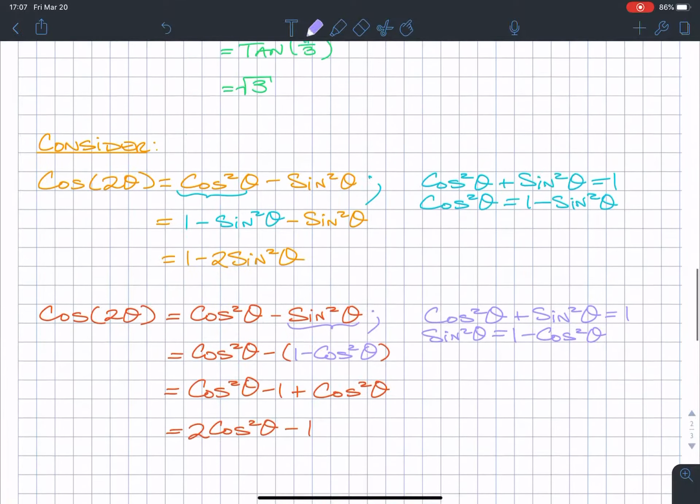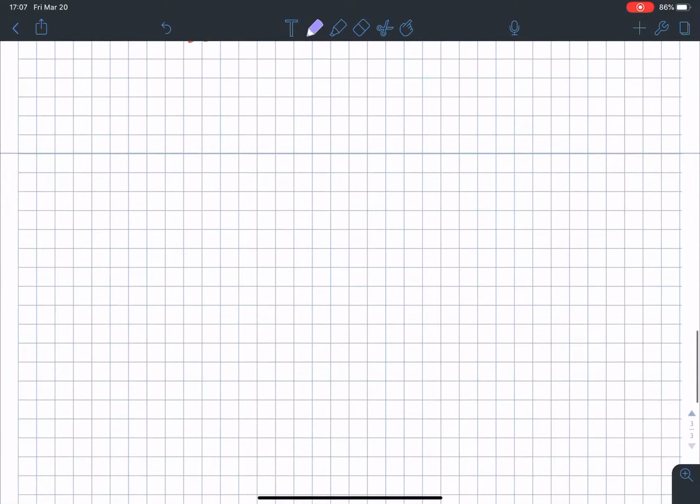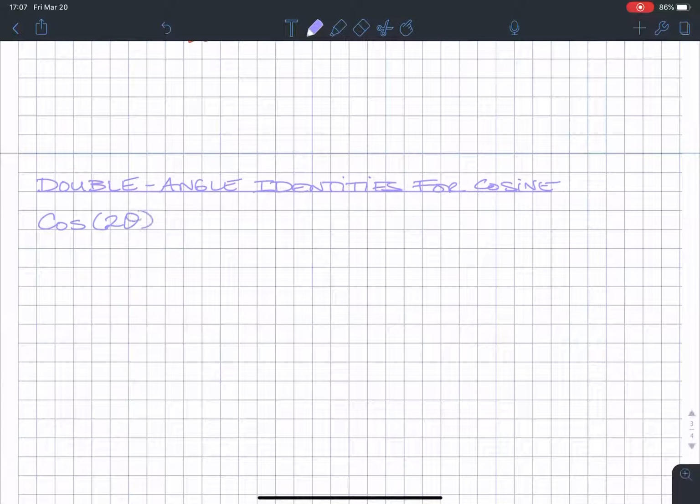So let's recap the double angle identities for cosine. It's a long title. So we have the main identity: cosine of 2 theta is cosine squared theta minus sine squared theta.